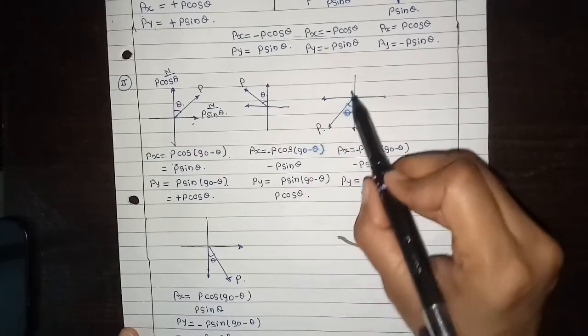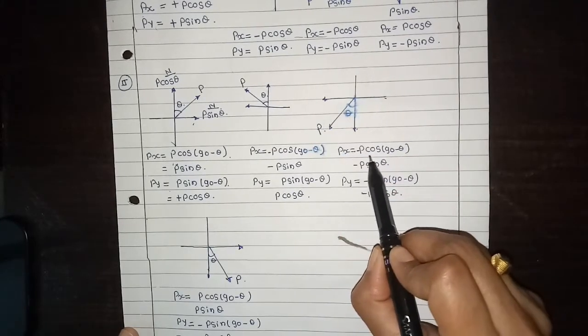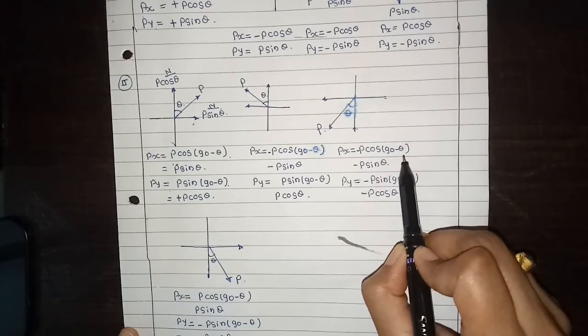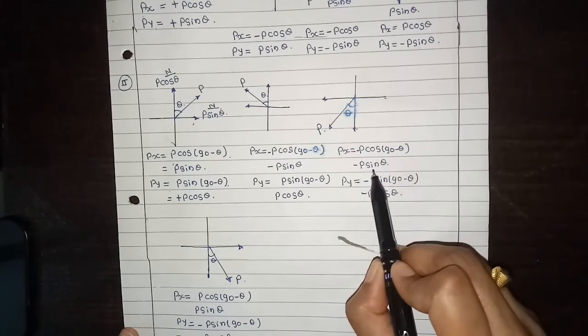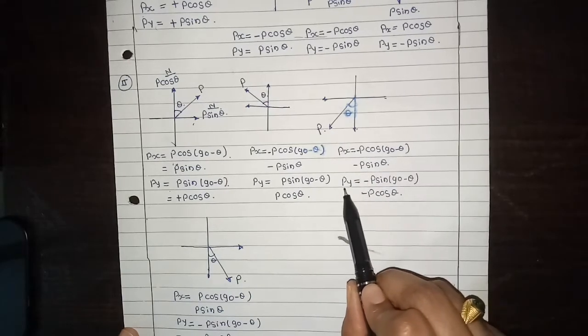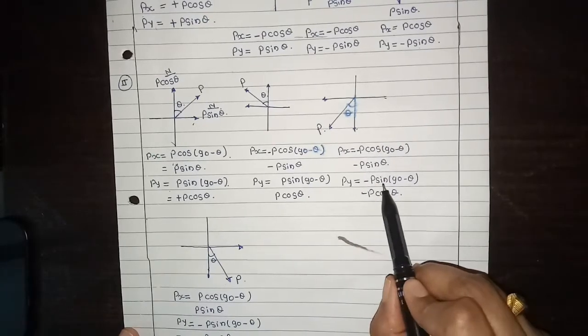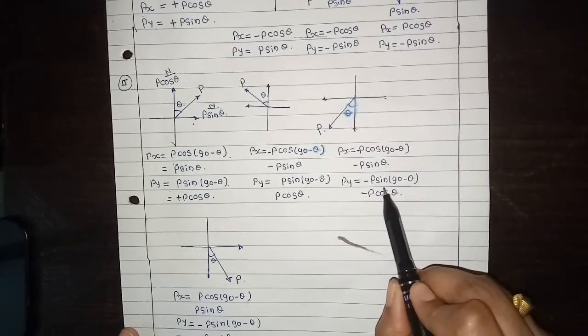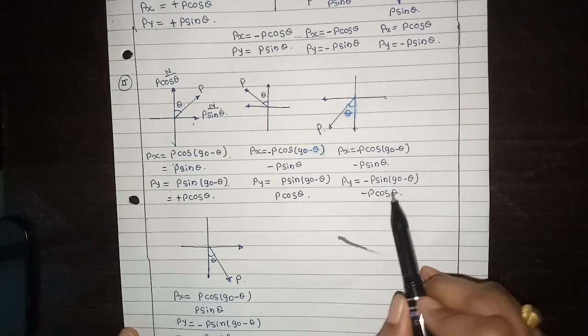Then if force P acts in the third quadrant, Px is equal to minus P cos(90 minus theta), and cos(90 minus theta) means sin theta, so minus P sin theta. Then Py is equal to minus P sin(90 minus theta). Sin(90 minus theta) means cos theta, so minus P cos theta.